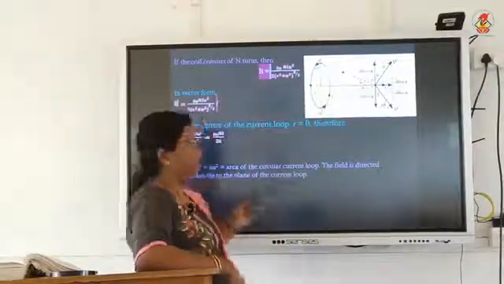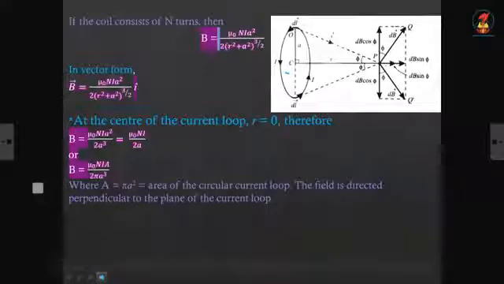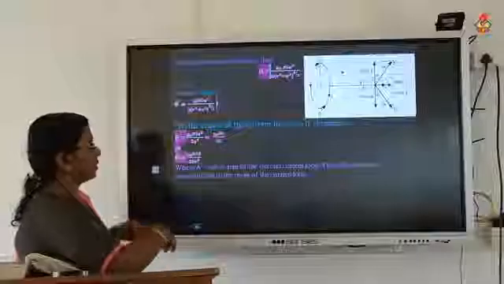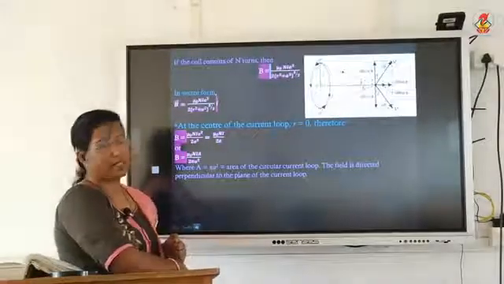So we can write our equation as B is equal to mu 0 N I a square divided by 2 into r square plus a square, the whole raised to 3 by 2, into unit vector i, which represents that our resultant is along the x-axis. Next we are going to discuss the special conditions.